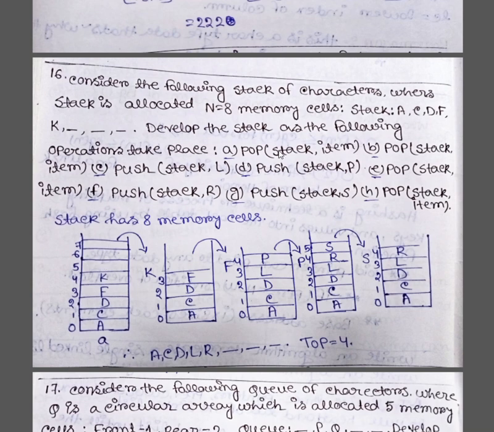Now we have to perform the pop operation. What is pushed last will be popped first according to the stack rule. So K will be popped out. Then we perform the pop operation again. F is in the current top position, so whichever element is at the top position will be popped.